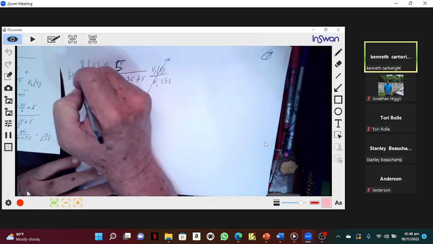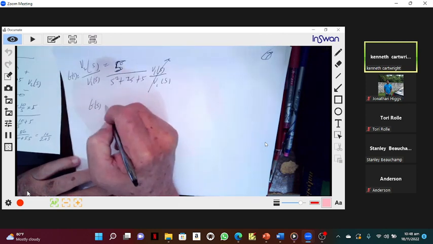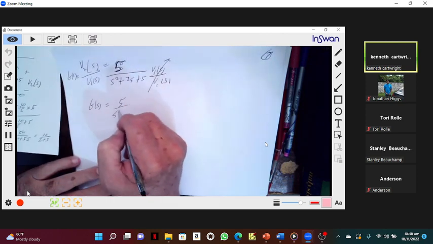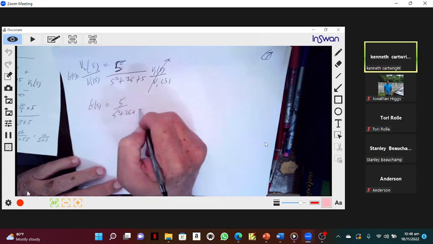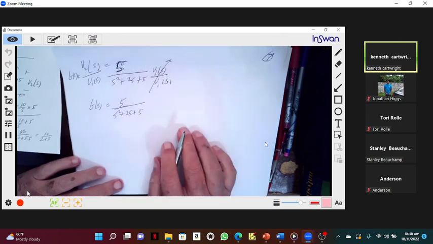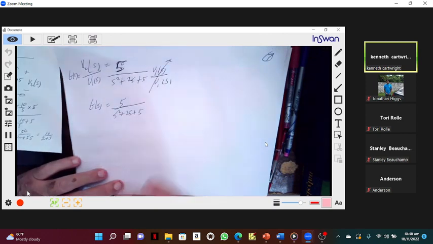So that's G of S. G of S is 5 over S squared plus 2S plus 5. That's the transfer function.